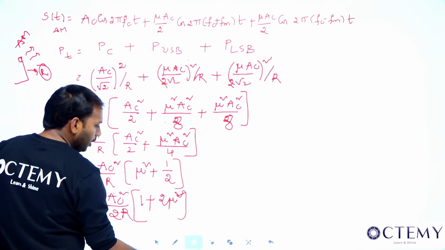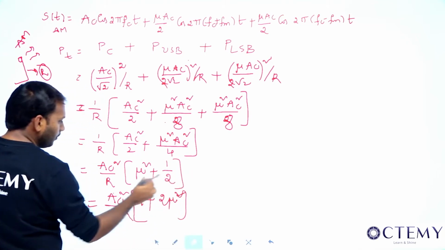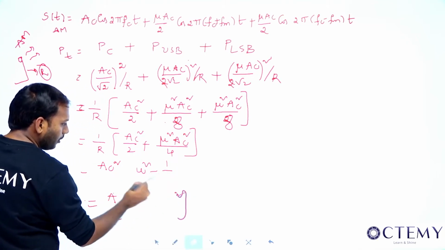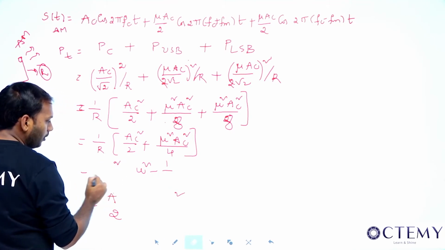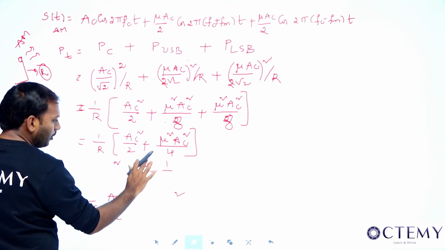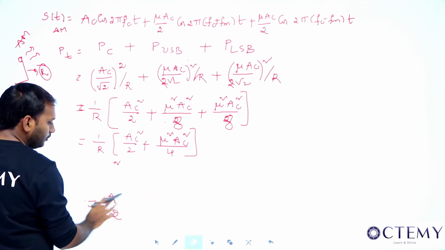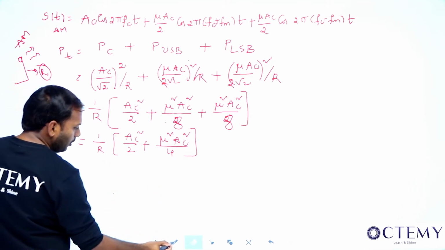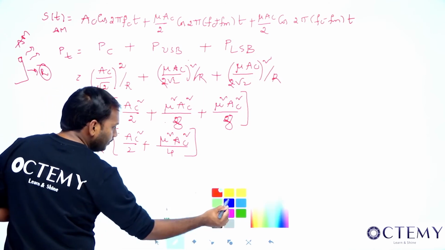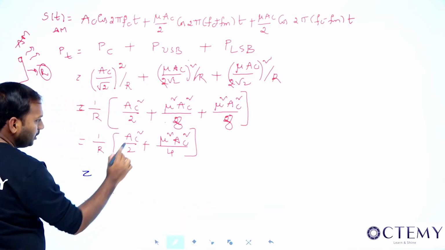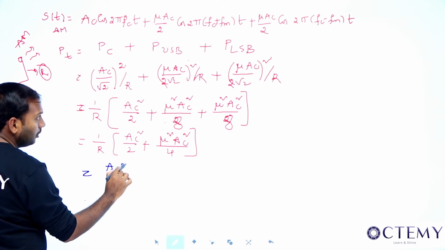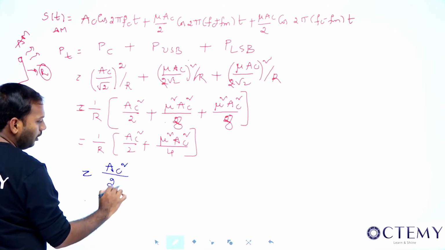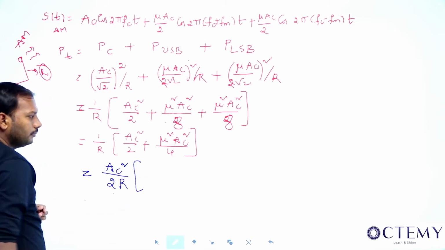Now see here, I am taking Ac square by 2R common.